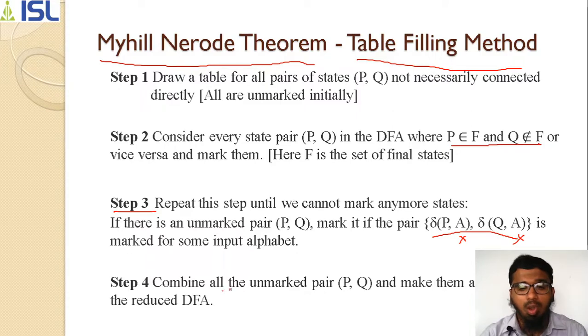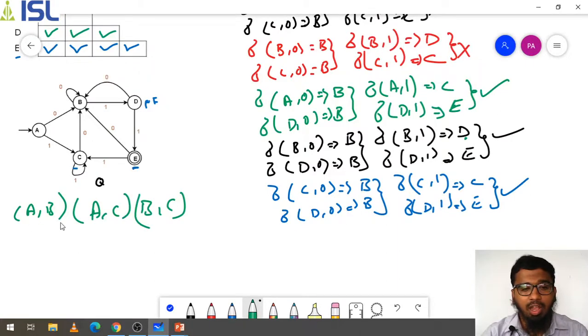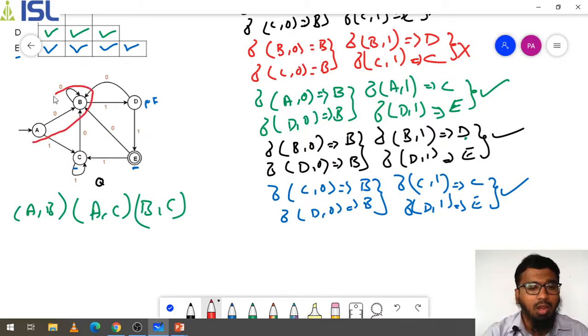Now combine all the unmarked pairs P comma Q and make them a single state in the reduced DFA. Now what are the unmarked pairs? The unmarked pairs are AB, AC and BC. So these should be combined. How will you combine? AB is like this. Next, A comma C is like this.